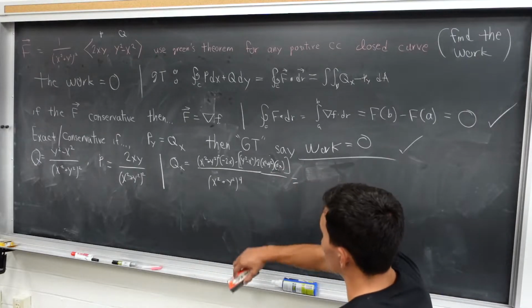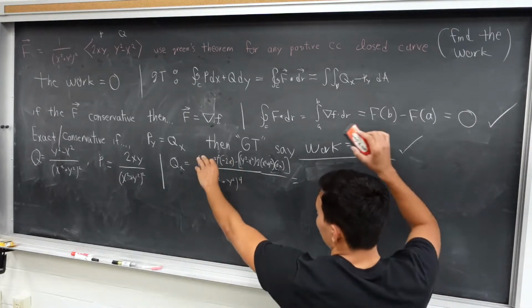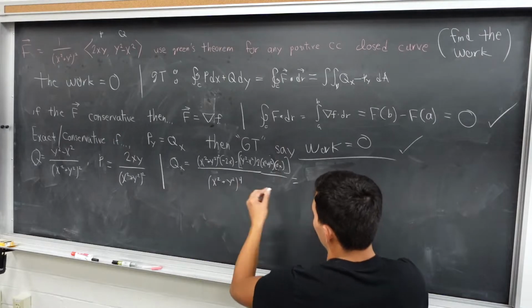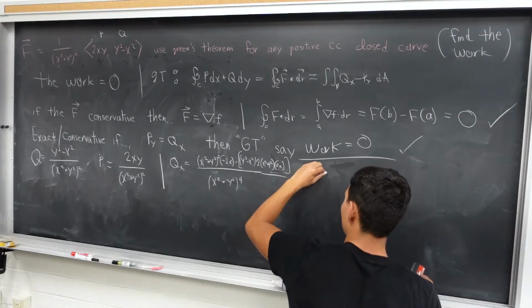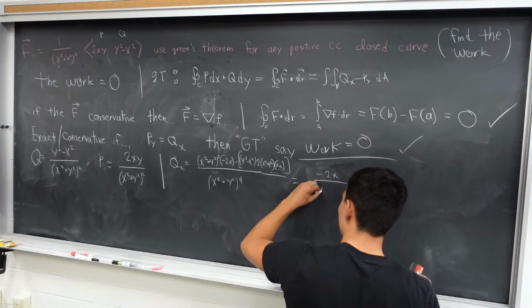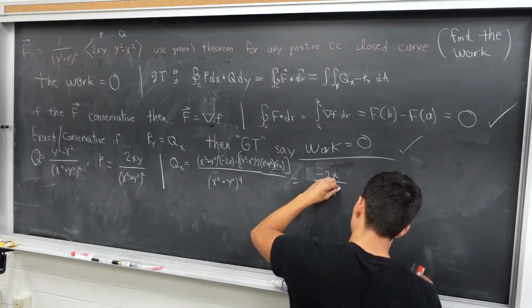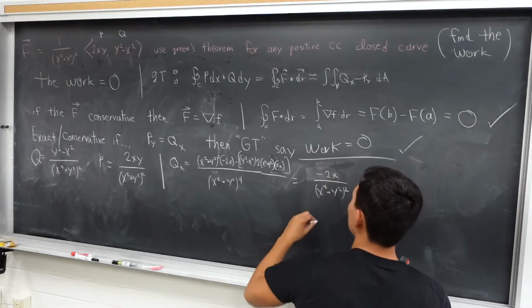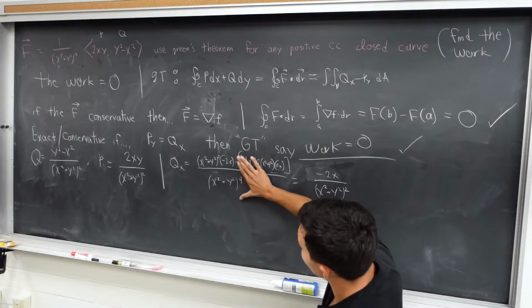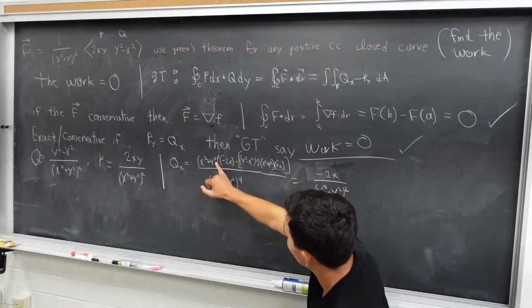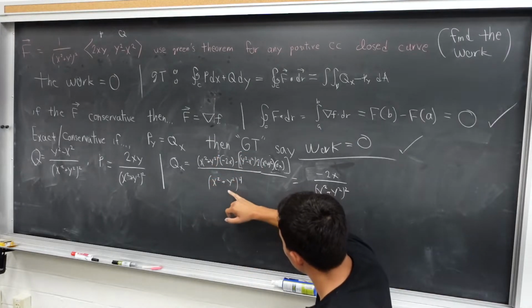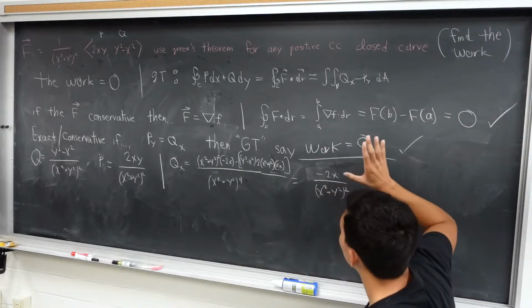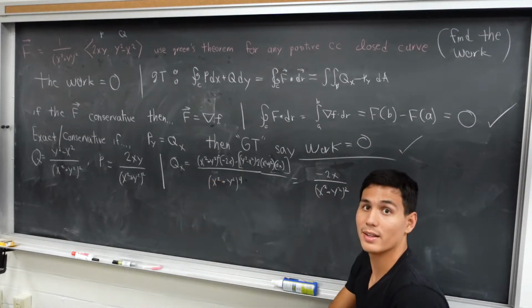And let's just literally drop this down as two different fractions. Okay, so it's going to be negative 2x divided by x squared plus y squared, squared. If you're confused what I did, I've just broken it up into two fractions. There's x squared plus y squared here, multiplied by this negative 2x, and there's x squared plus y squared to the power 4. Just canceled two of these top ones out. That's all I did, okay?